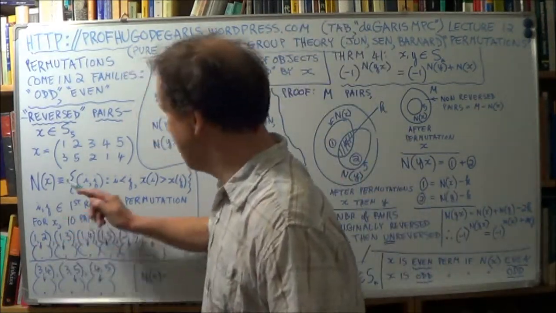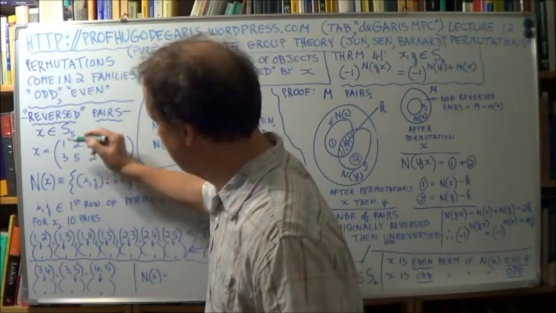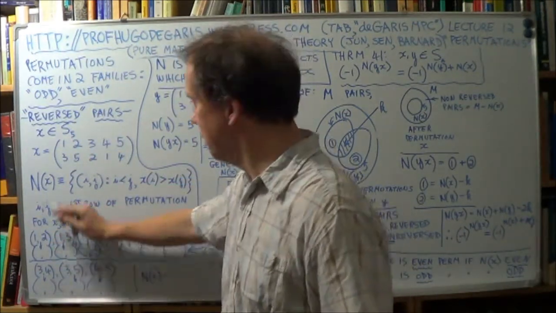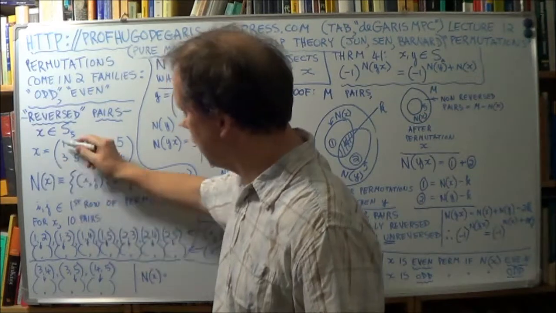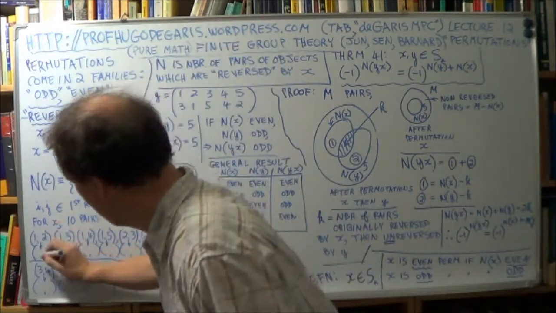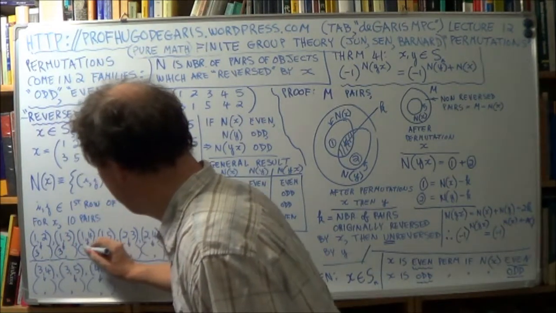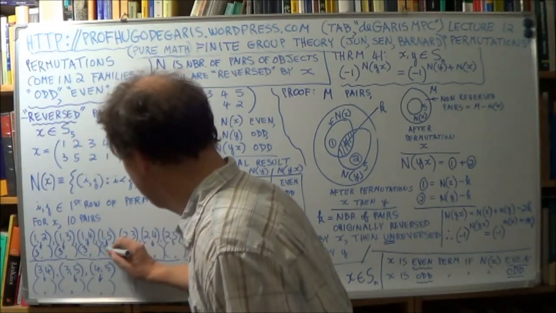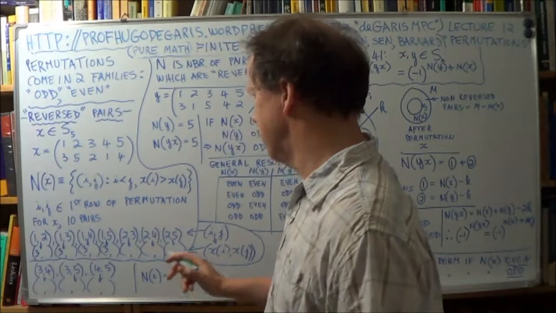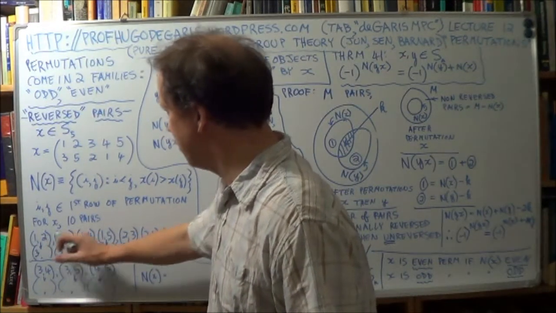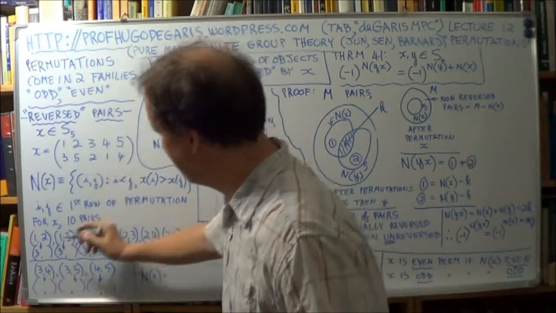So x of 1: I apply the permutation to 1 and I get 3. So wherever I got 1, I can put 3 here. 3, 3, 3. And now x of 2, well, 2 maps to 5.